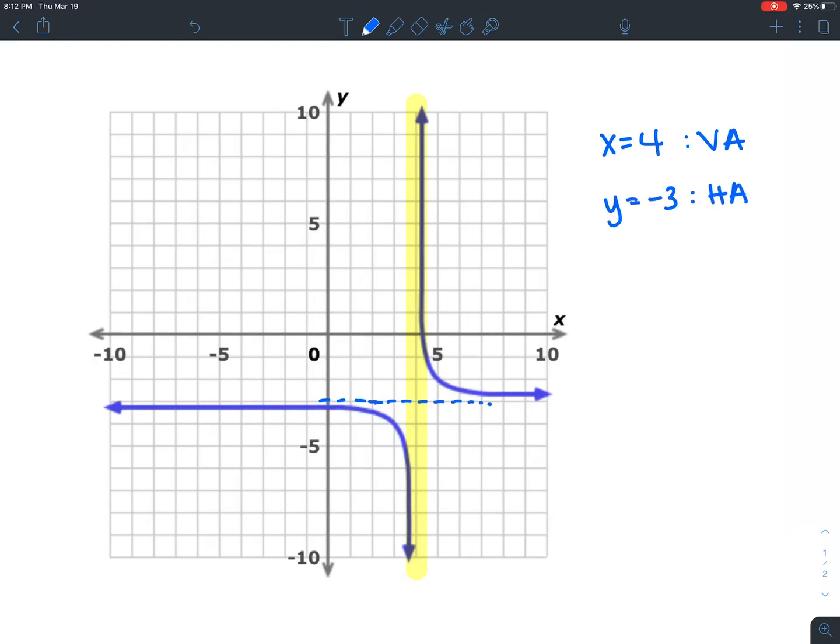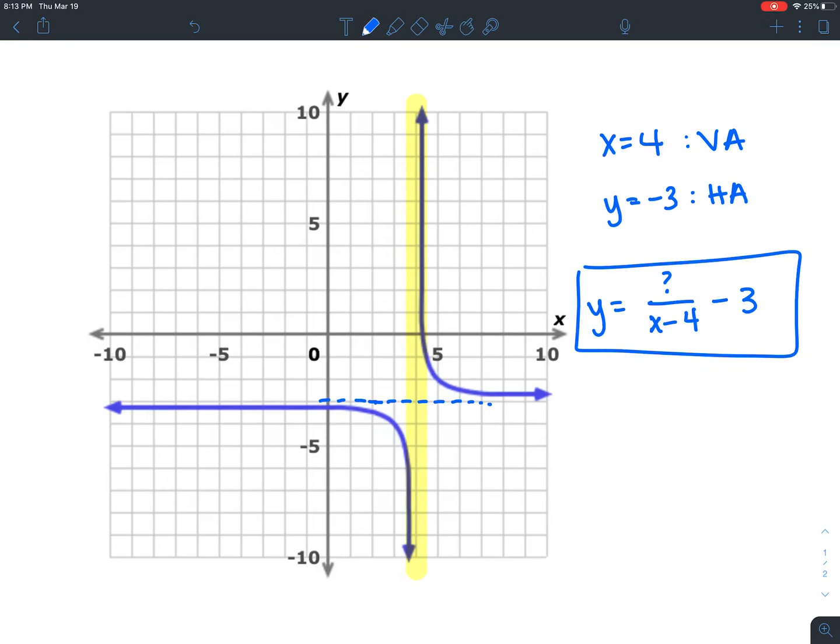Again, we know that a is positive. I don't know what the top is other than it's a positive number. If 4 is my number on the bottom, then it would be x minus 4, and then this -3 just comes outside. That would be my equation.